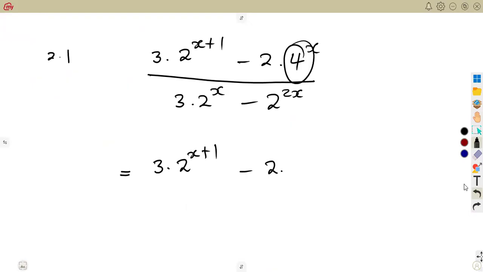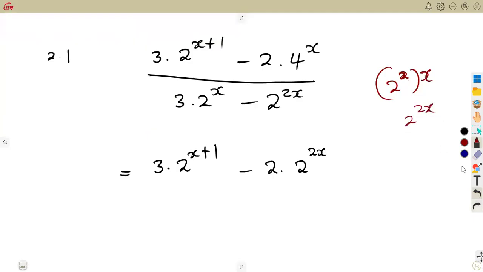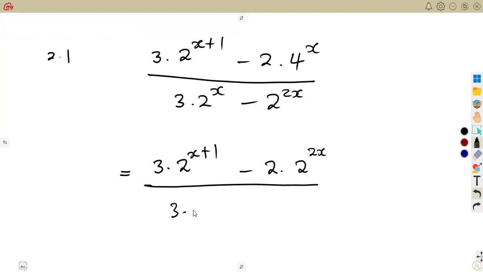Remember, 4 in base 2 is 2 to the exponent of 2, but already there is x, so it will be 2 to the exponent of 2 raised to the exponent of x. We simply multiply the exponents, so it will be 2x. So this is what we have there: 3 times 2 to the exponent of x minus 2 to the exponent of 2x.